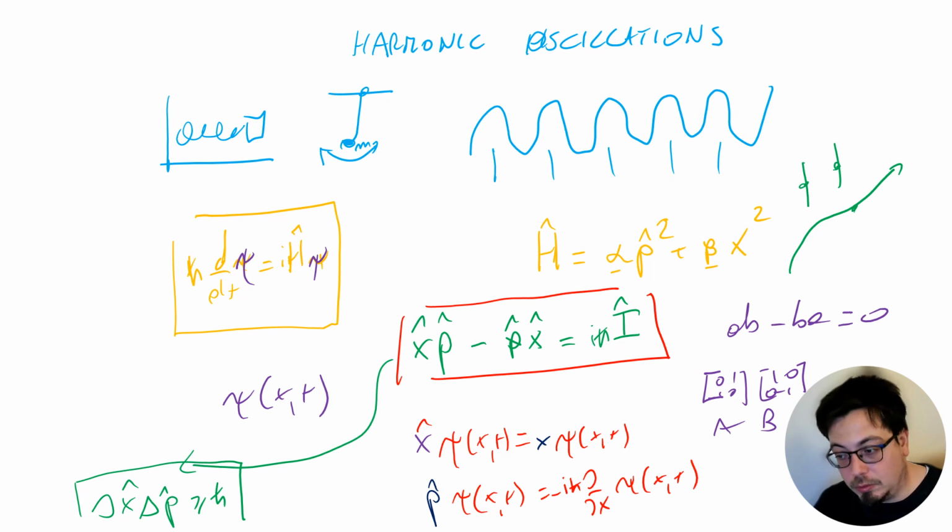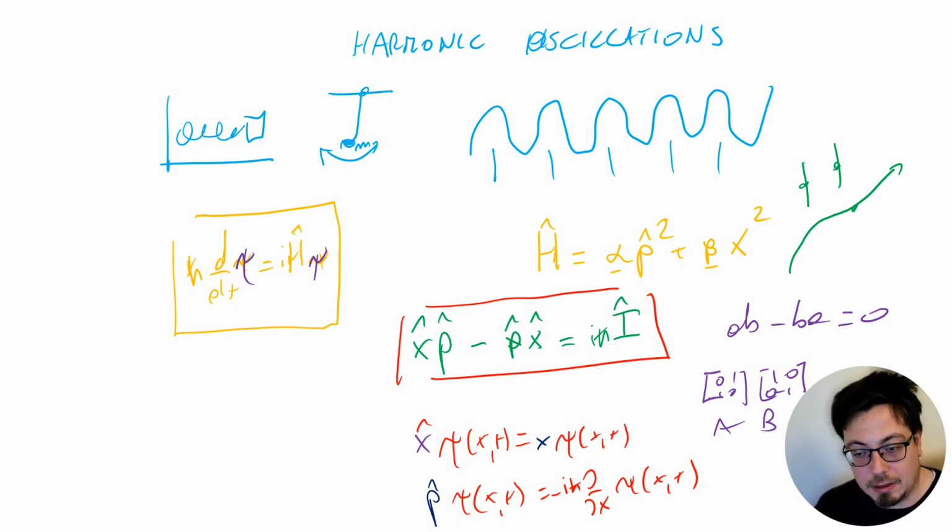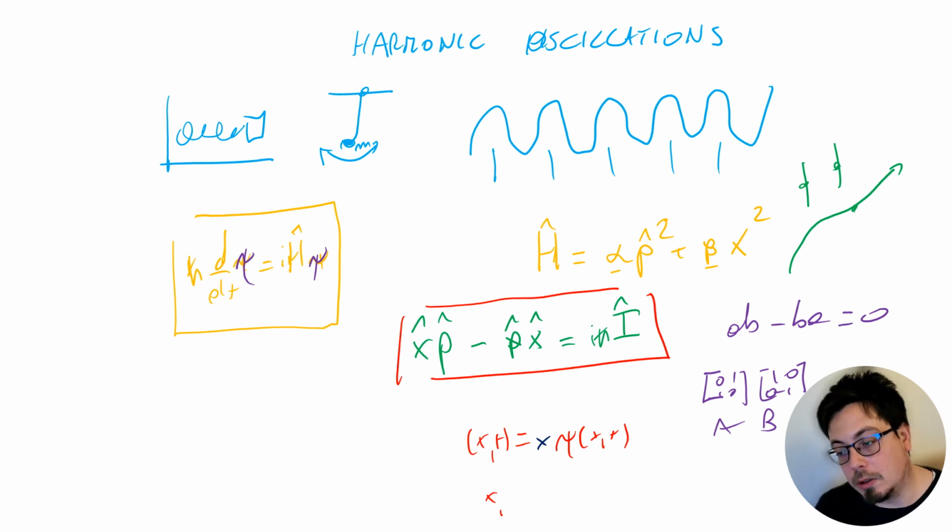What I want to do today is introduce a bit more formally these operations, x and p, in order to touch upon an argument that is very crucial in quantum mechanics and also in classical physics, which is the symmetry of a system.